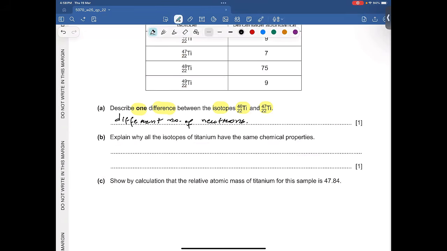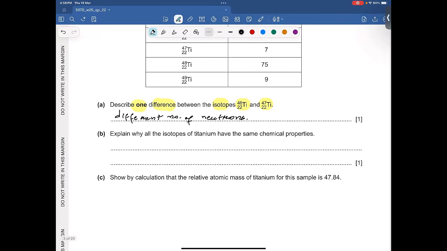So we can write they have the same number of electrons, and also they have the same chemical properties.